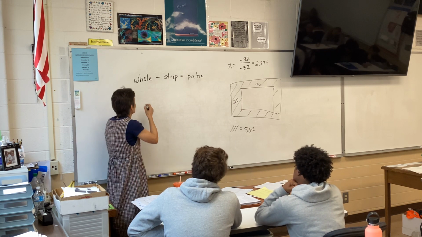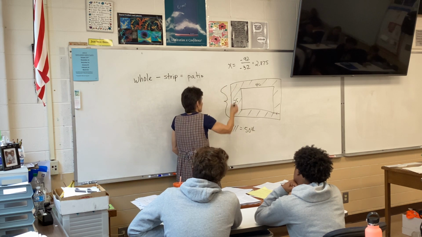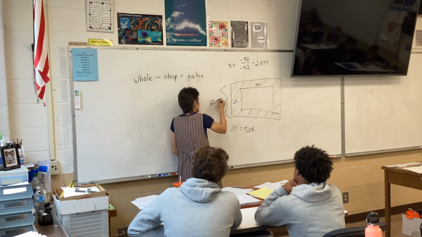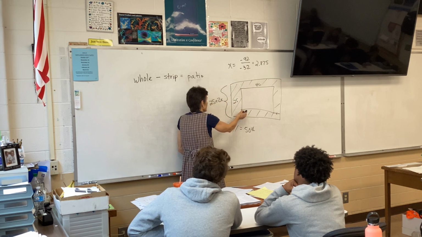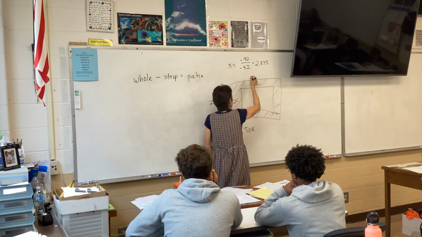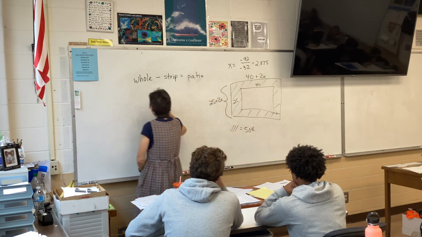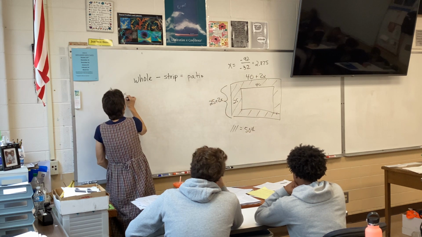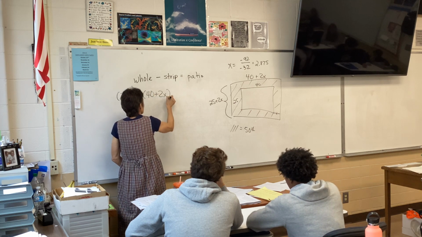And I was gonna say I would do 25 plus 2x. So if we're doing the whole shebang, she says this is 25 plus 2x. X up here, X down here. And then that is 40 plus 2x. So your whole thing is 25 plus 2x times 40 plus 2x.